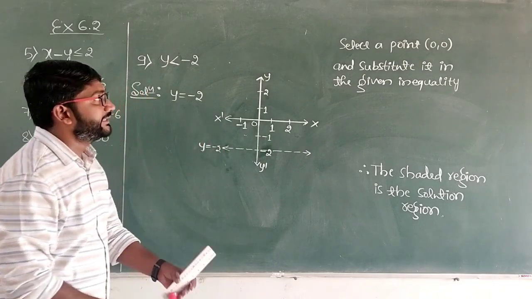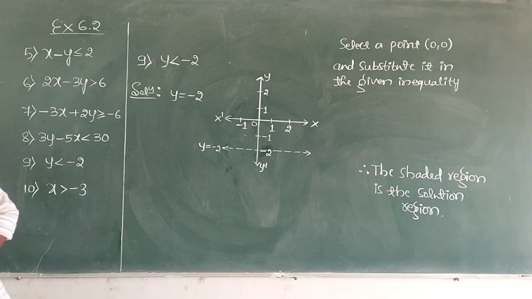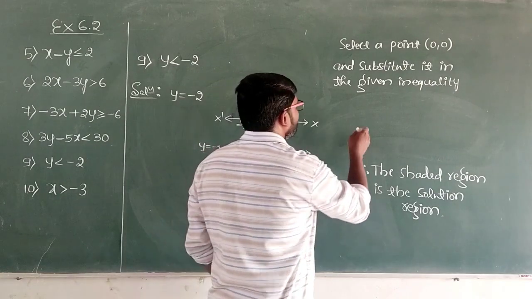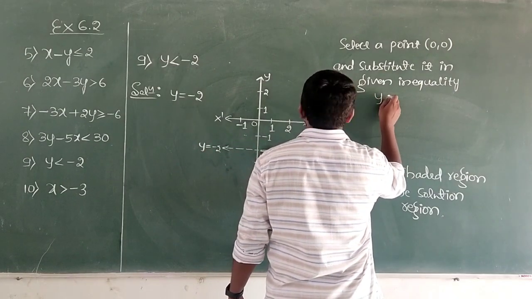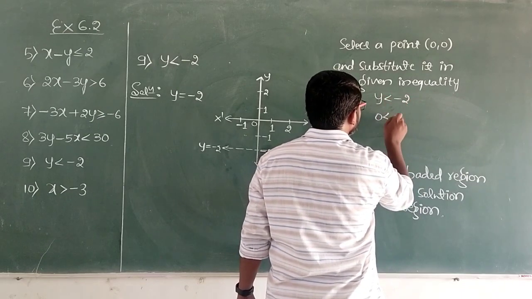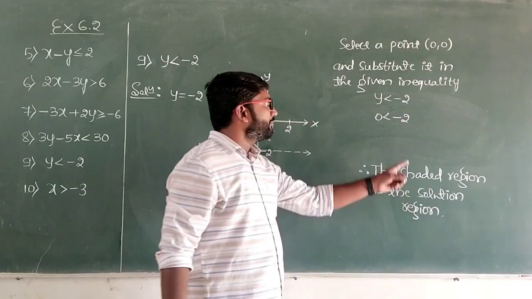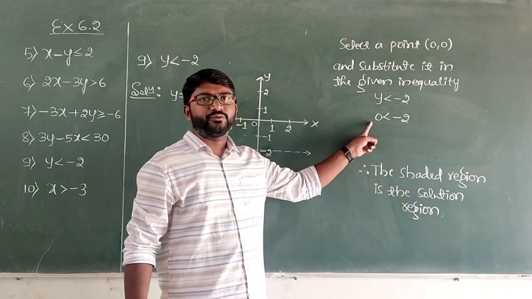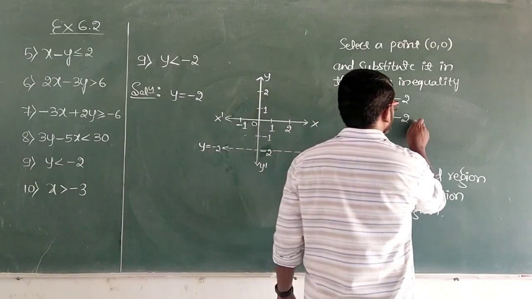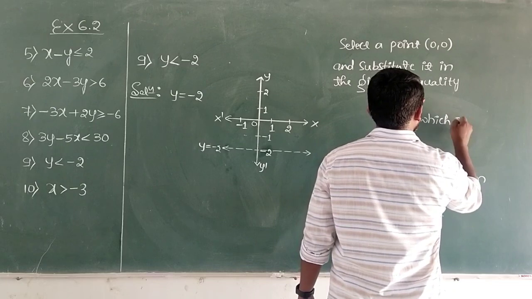Now we have to go for the shading process. Select the point (0, 0) and substitute it in the given inequality y less than minus 2 and check whether it is satisfied or not. y is 0 here, so 0 less than minus 2. That means minus 2 greater than 0, which is false, which is not true.